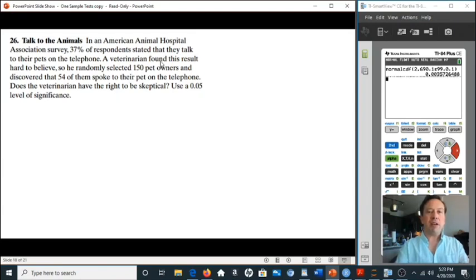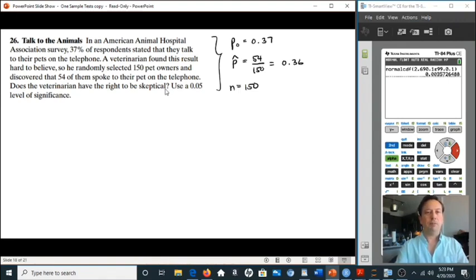Now a veterinarian found this result hard to believe, so he randomly selected 150 pet owners and discovered that 54 of them spoke to their pet on the telephone. Does the veterinarian have the right to be skeptical? In other words, is the status quo true or not? We're going to use alpha equals 0.05 as our level of significance.